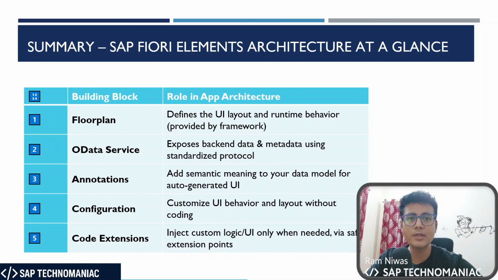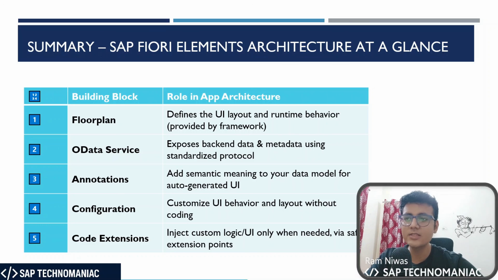Second is the OData Service, which provides the backend data along with the metadata. Third is the Annotations, which add semantic meaning to your data. Fourth is the Configurations, where you can change your front-end UI without modifying your backend code.